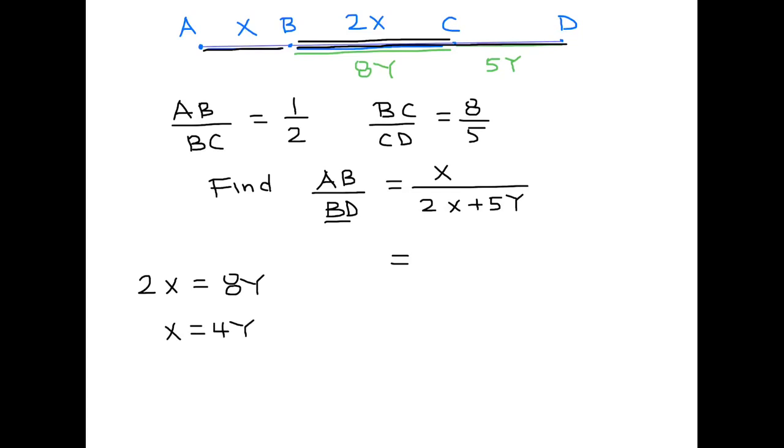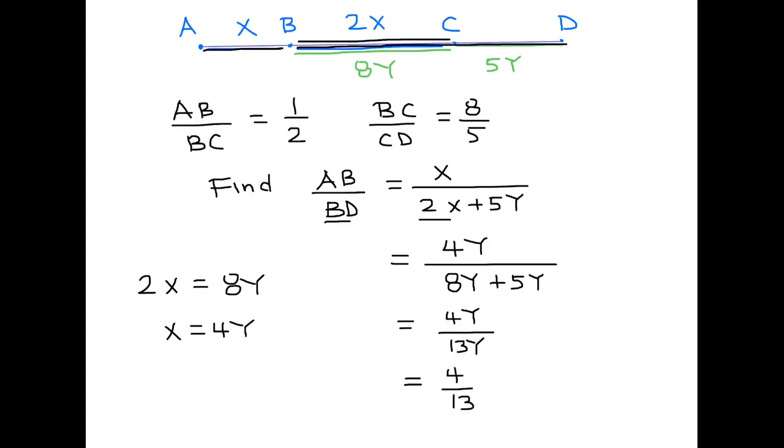So substitute that in here, and we will get 4y in the numerator. In the denominator, 2x here becomes 8y, and then you add 5y. So we've got 4y over 13y. And the good news is the y's cancel, so you get 4 over 13. And that is the ratio of AB to BD.